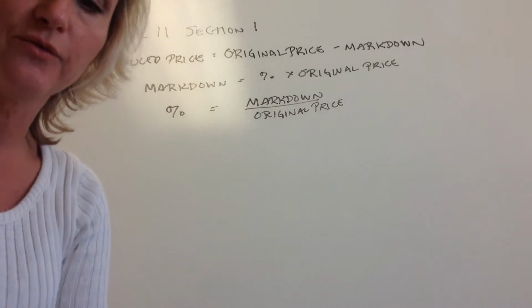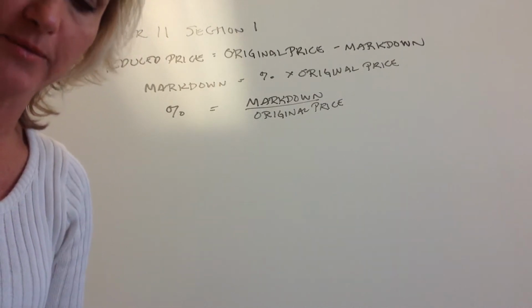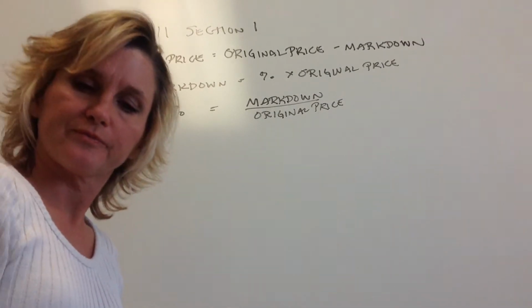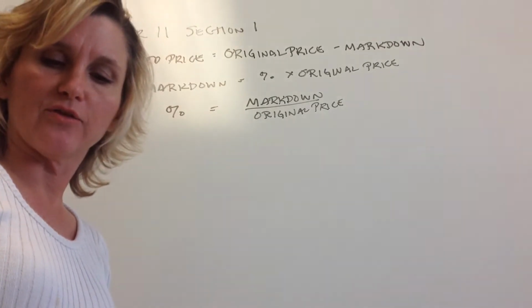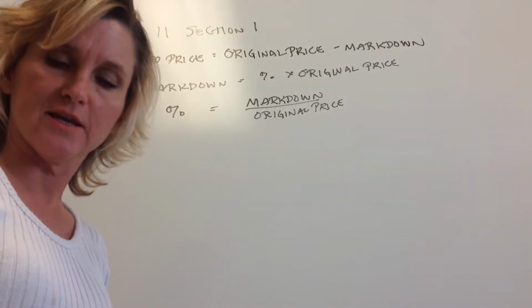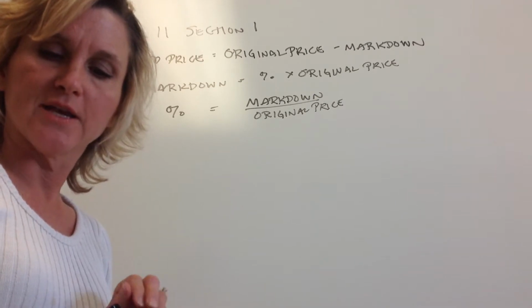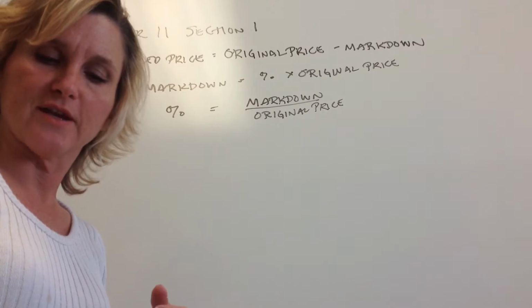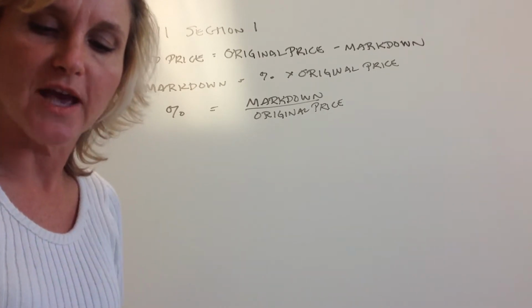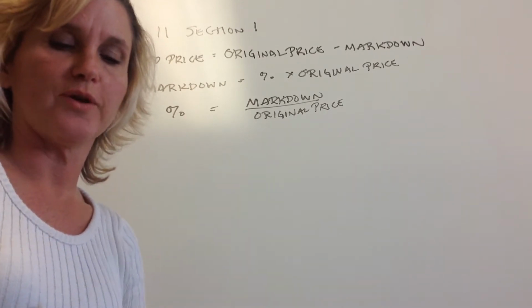But say, for instance, we have a problem that says an oak desk that is originally priced $837.50, so that's our original selling price, is reduced to $686.75. So find the percent of the markdown on that original price.